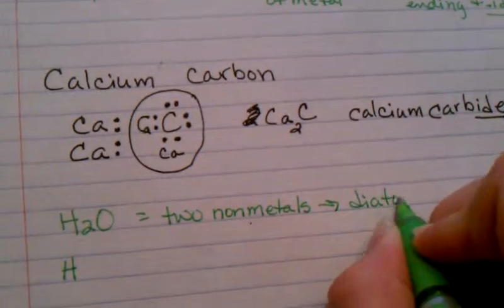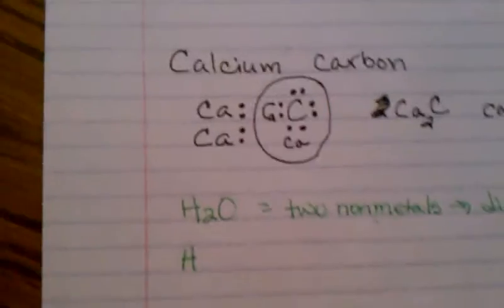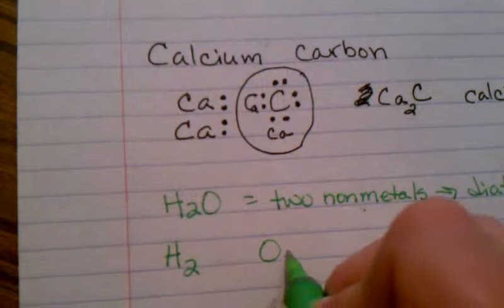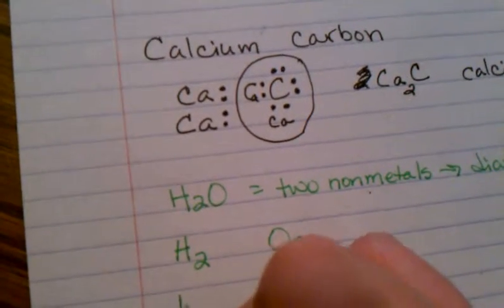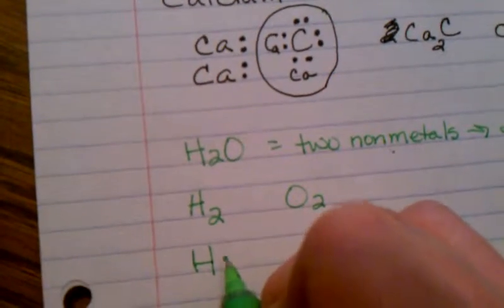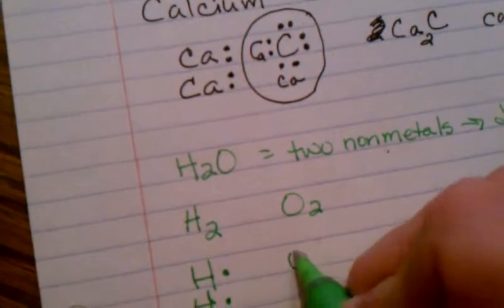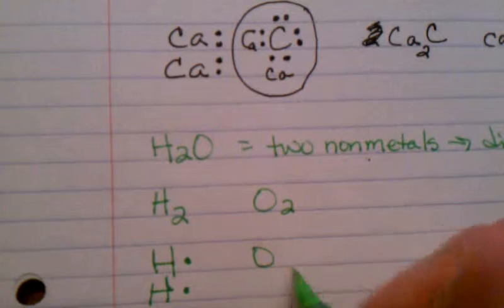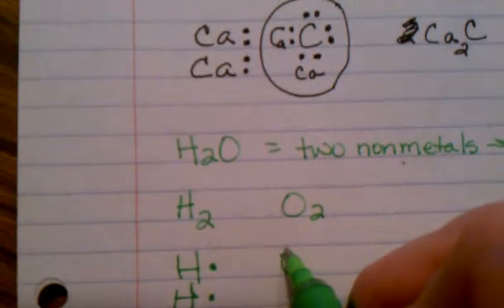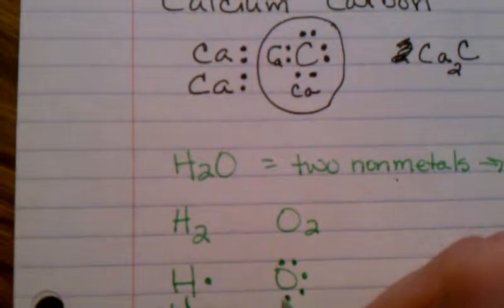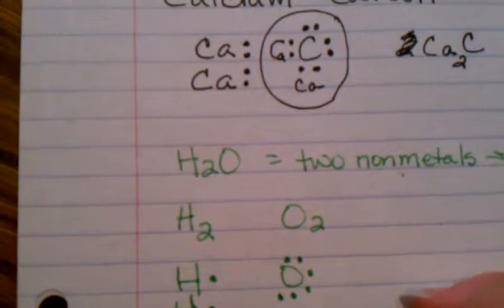And these guys are. So I have 2 H's and I have 2 O's. So when I draw them with their valence electrons, here's what I have. Oxygen is in group 16, so it has 6 valence electrons. And remember, I have 2 of them.